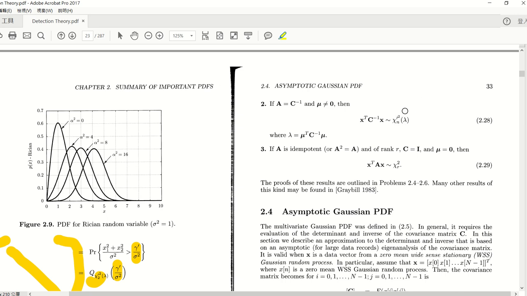Again, we recall what we talked about with the non-central version of the chi-square, where mu is not equal to 0.